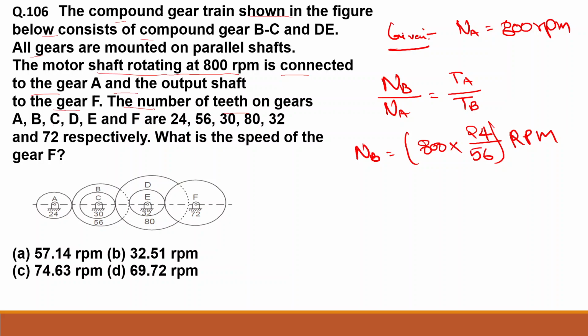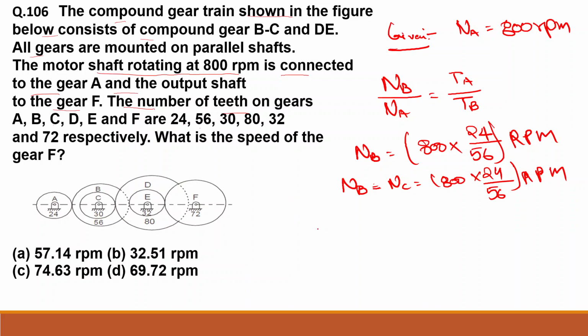By solving this we get NB is equal to NC is equal to 800 into 24 upon 56 rpm. After that, we get NB is equal to NC is equal to that much.